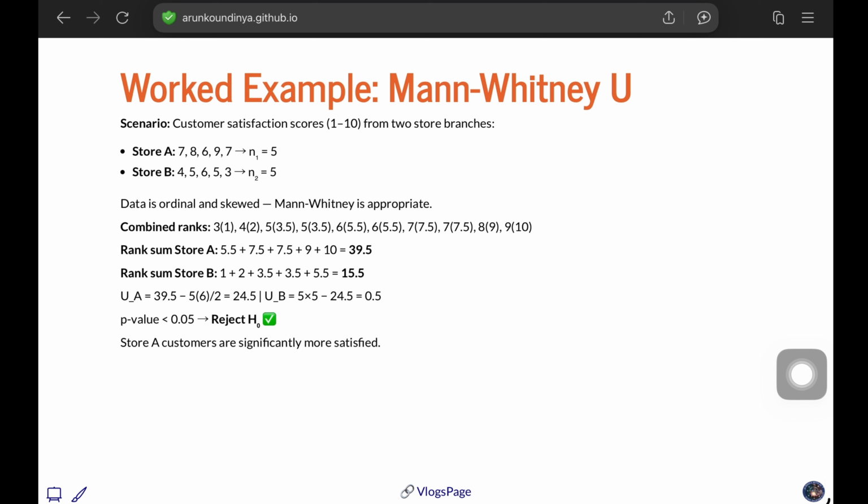So this is also one example where, rather than just seeing the averages and standard deviation, we can test statistically whether store A has a better customer satisfaction score than store B.